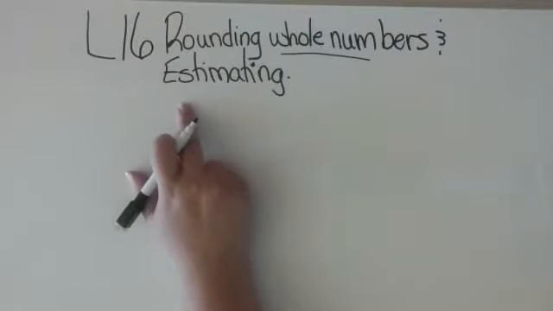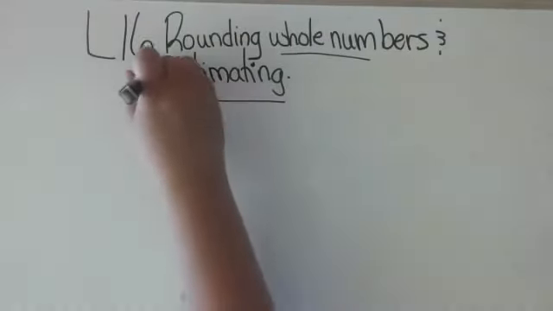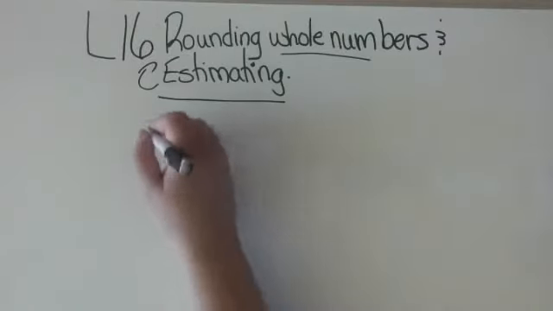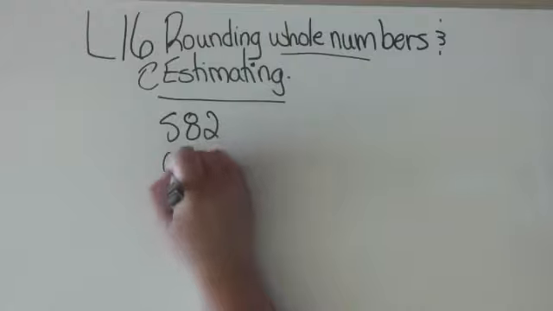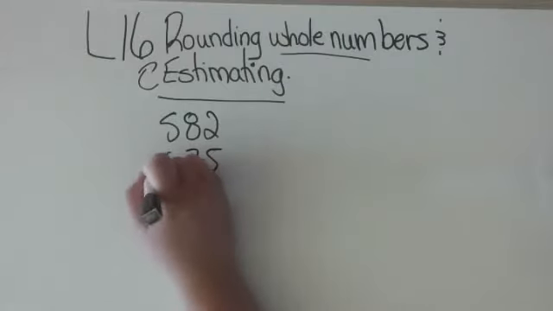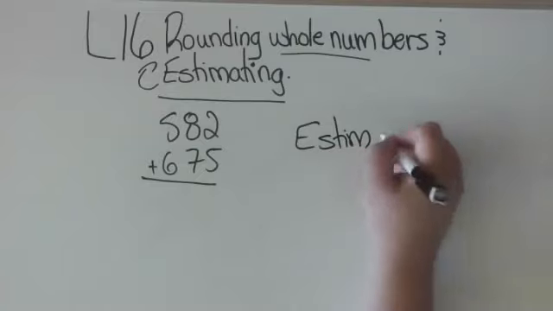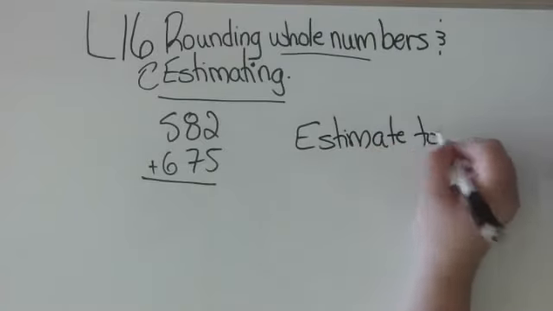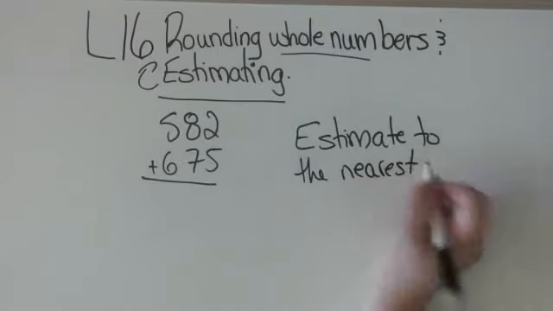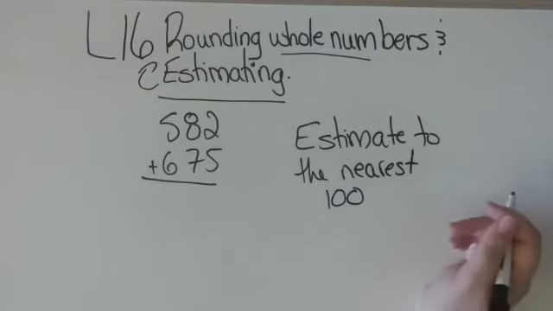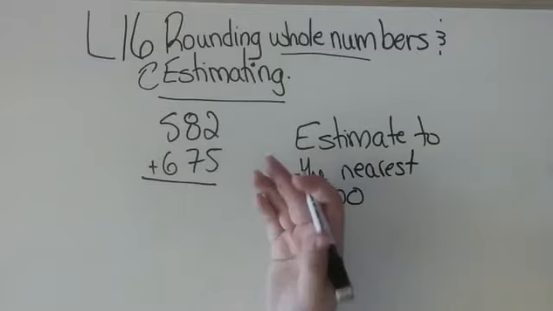Estimating. So when we estimate or ask you to estimate, you have to remember that estimate means round. Okay, so if I had 582 and 675 and we're adding them together and it says estimate to the nearest 100, I'm taking these numbers, rounding them, then adding them up.